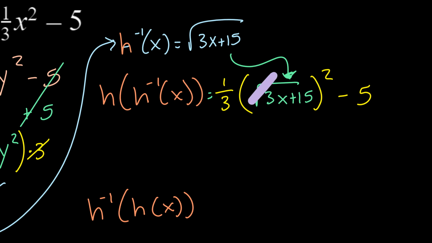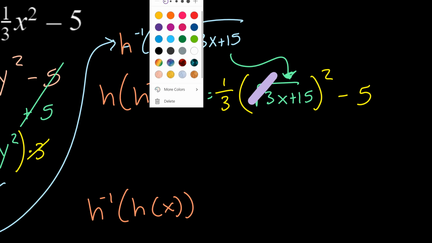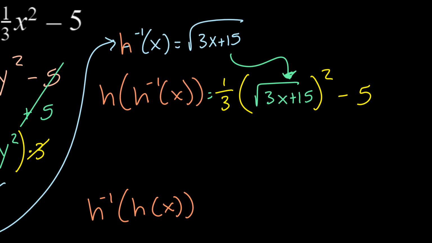So the square and the square root cancel, and I'm left with just 1/3 times 3x plus 15 minus 5. Now what should I do? To simplify.